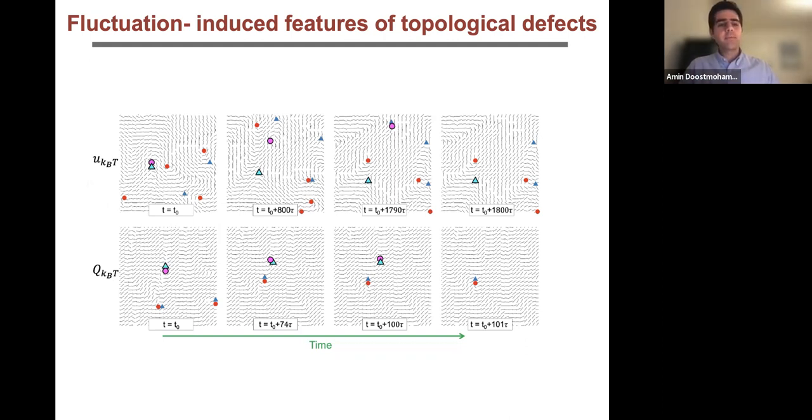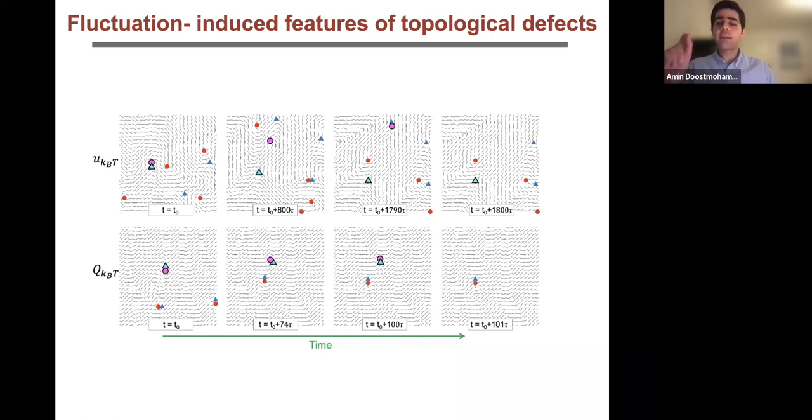If we look at a pair of defects that have just nucleated, with the rotational noise, these are very short-lived. With the hydrodynamic noise, they actually move away. If I look at this defect pair, I can see that the plus half moves away from the minus half and gets annihilated with another minus half defect here. So qualitatively, they look different, and this is something we are looking at.